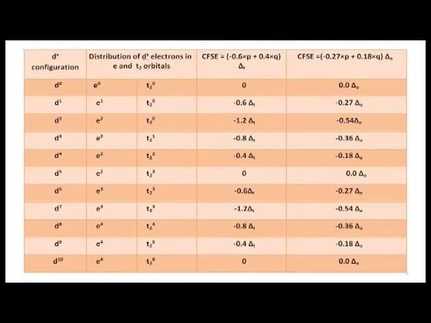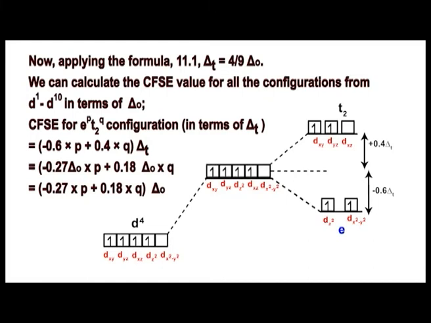The fourth column in the table shown on your screen is the CFSE value in terms of delta O, but for tetrahedral arrangement, obtained by replacing delta T with 4/9 delta O in the formula.